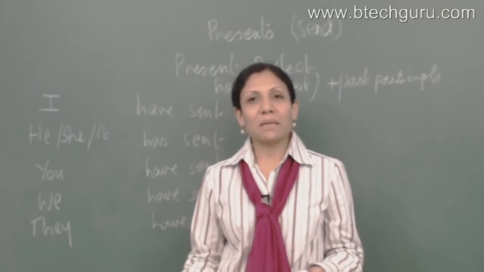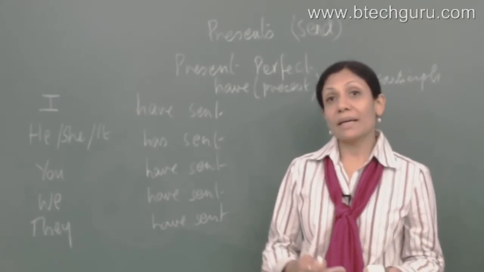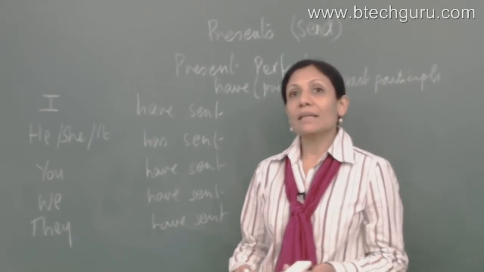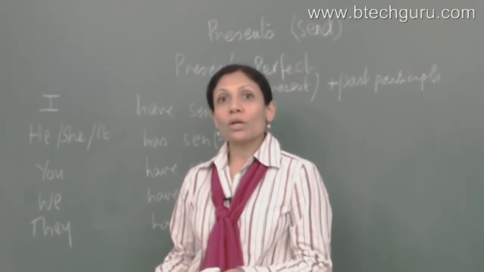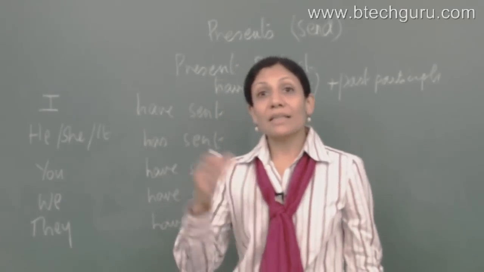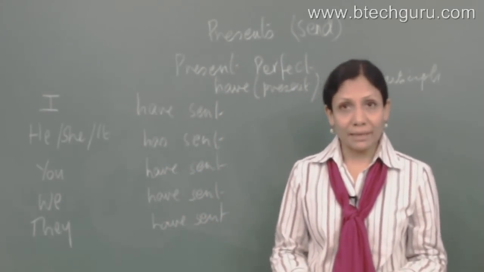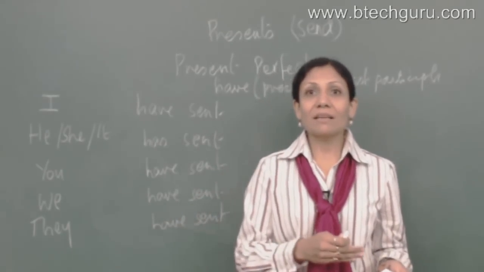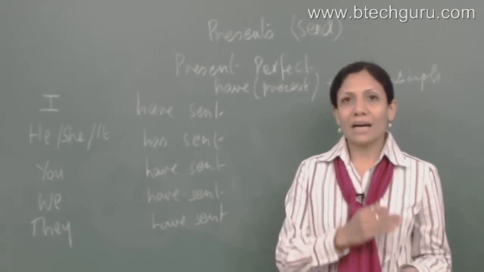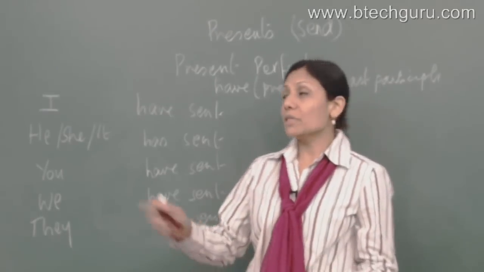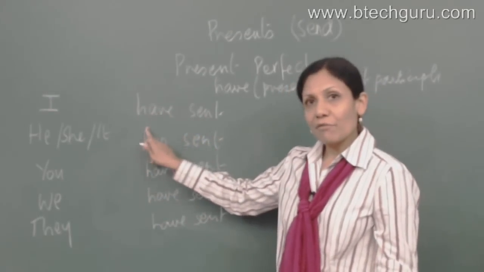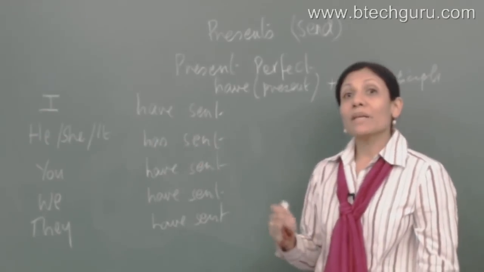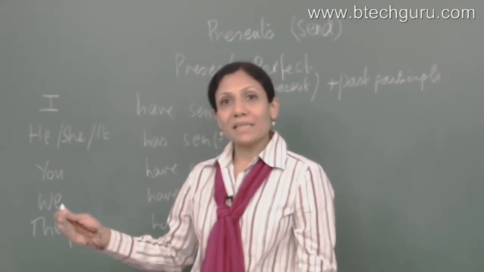Another place where you will use present perfect is when you want to have a timeline in the sentence. Now by that I mean, if I want to say I have lived in Chennai for 20 years, the 20 years now is a timeline. And if you notice, I have put that sentence in present perfect. I have lived, which is again have verb, past participle, in Chennai for 20 years.